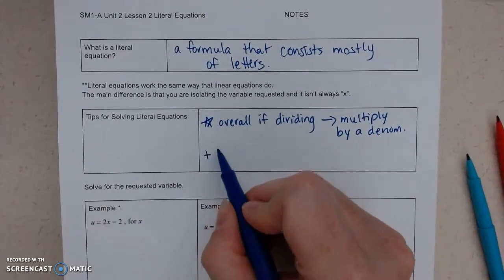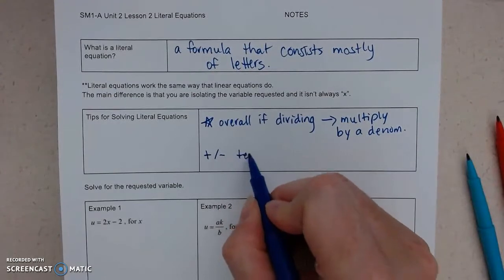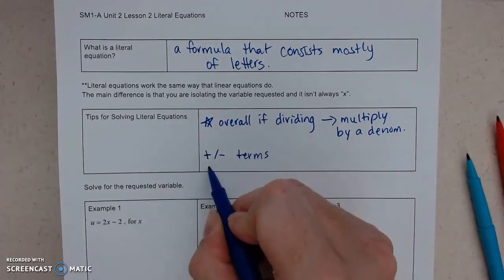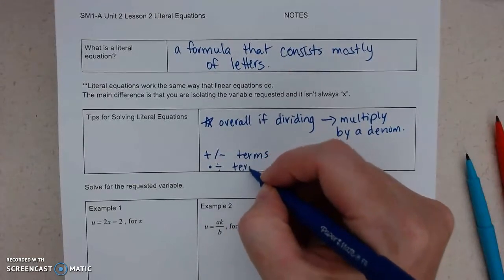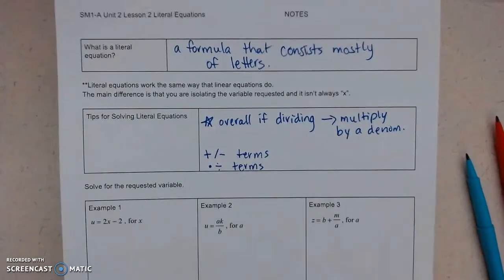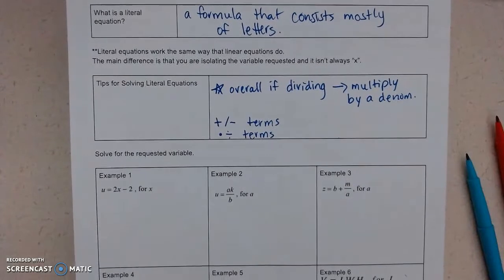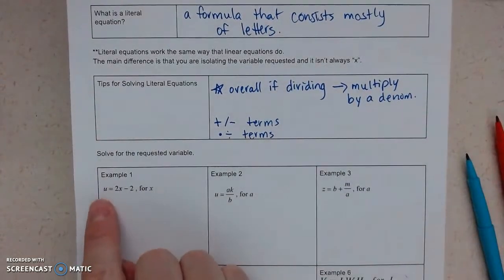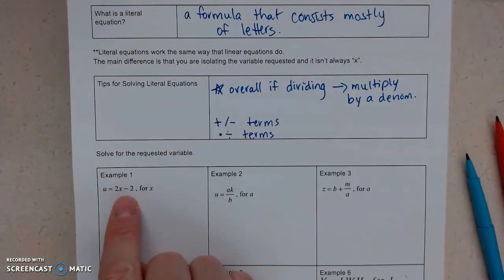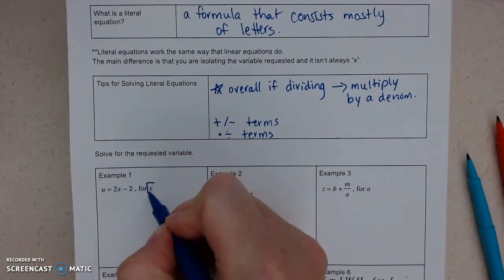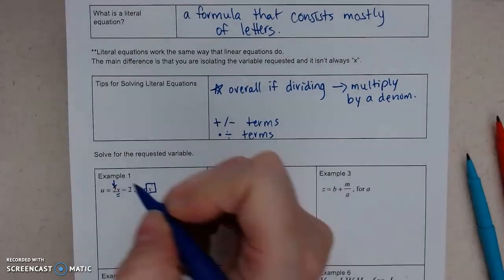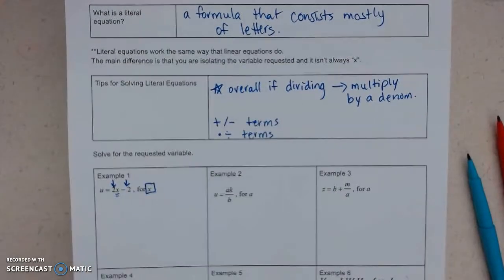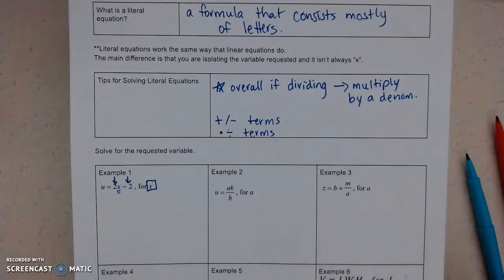You're still going to add or subtract terms that are being added, and then you're going to multiply and divide terms afterwards. Okay. So let's look at our first example. We've got u equals 2x minus 2, and we want to get x by itself. So that means we're going to have to move this 2 and move this negative 2. So keep that in mind.